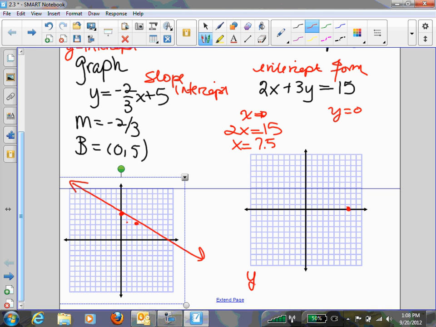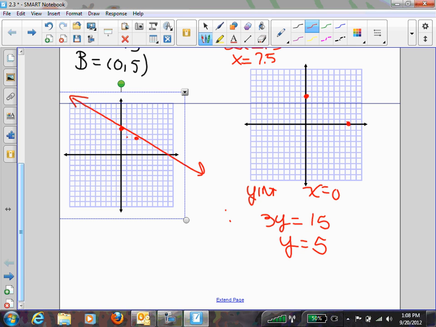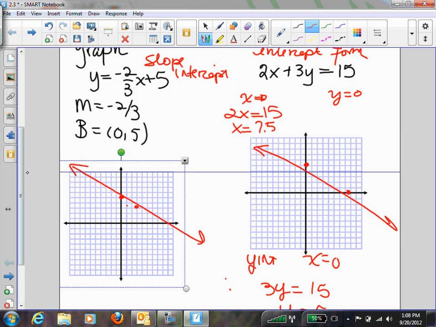For the y-intercept, I'm going to let x equal 0. And so if x is 0, I'm going to get 3y equals 15, so y is equal to 5. 1, 2, 3, 4, 5. And there is the graph of the line in standard form, 2x plus 3y equals 15.